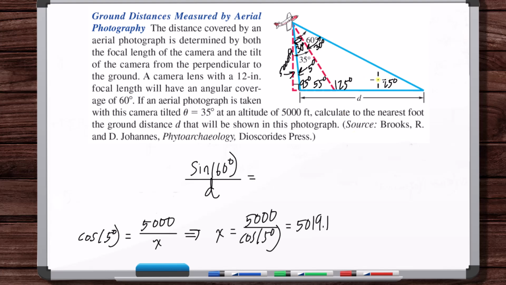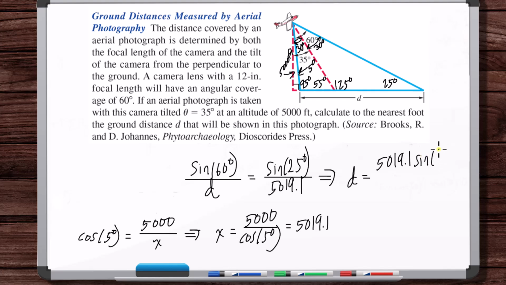And we need to use this side length because that's the only other side length we have, so sine of 25 degrees over that side length. So D is going to be equal to 5019.1 sine of 60 over sine of 25.